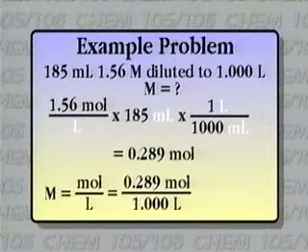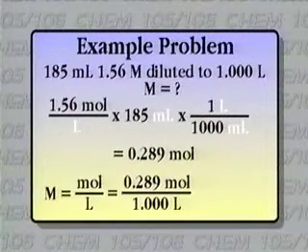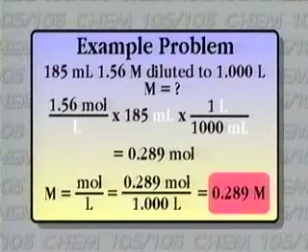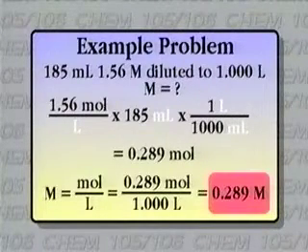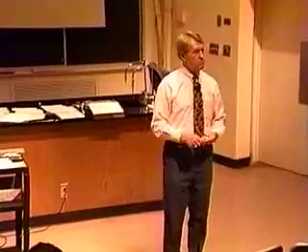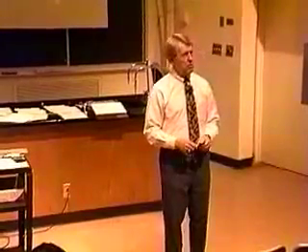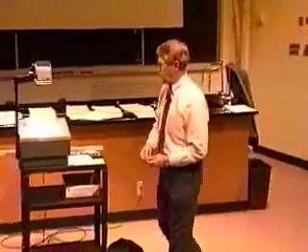And in what final volume is that going to be? 1.000 liter. The final concentration is 0.289 capital M. Is that a smaller value than what we started with? Certainly is. We started with 1.56. We would predict that the concentration should decrease if we're increasing the volume, and so our answer makes sense.